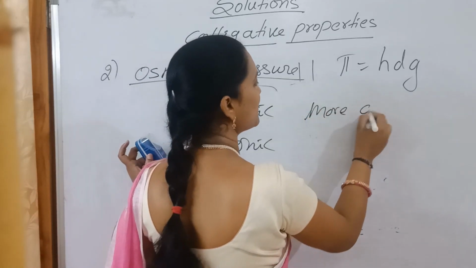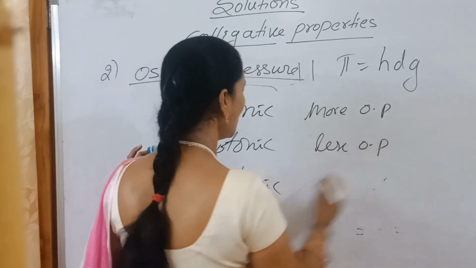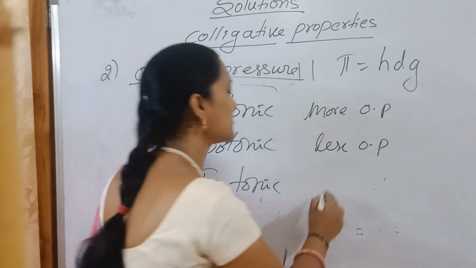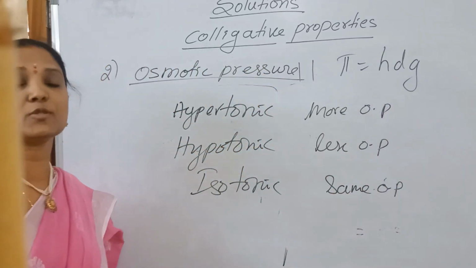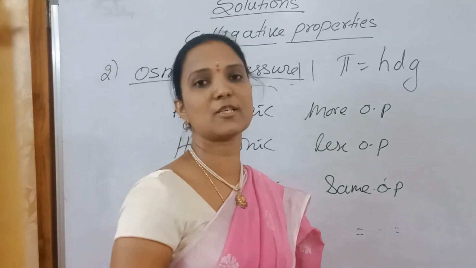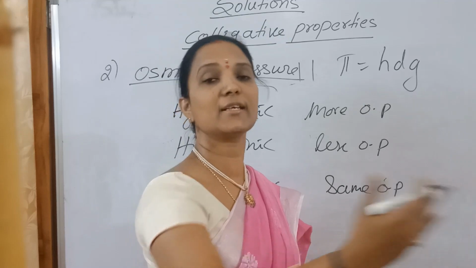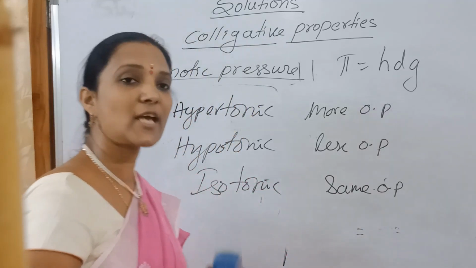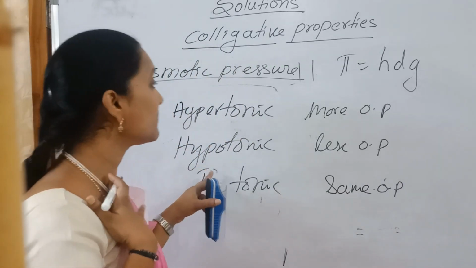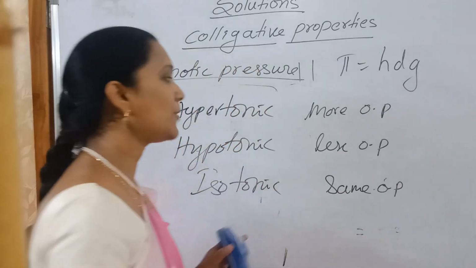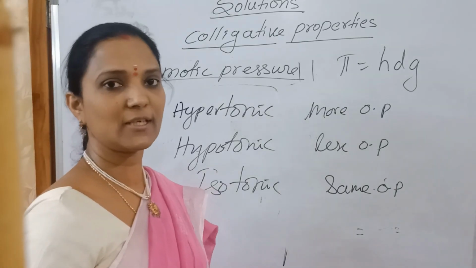Isotonic means two solutions have the same osmotic pressure. Okay, it is isotonic with that solution, nothing but this osmotic pressure and that osmotic pressure are similar. It is hypertonic with that solution, given its osmotic pressure is more. It is hypotonic than that solution, given its osmotic pressure is lesser. So hypertonic more osmotic pressure, hypotonic less osmotic pressure, and isotonic same osmotic pressure.